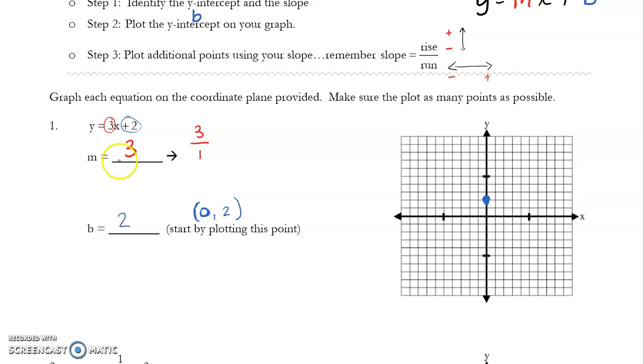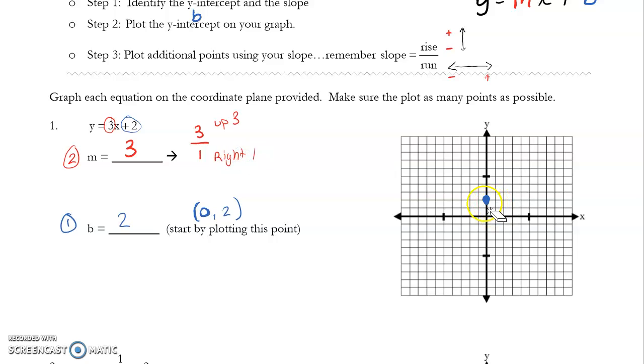Now I'm going to move. I'm going to do this first, this second. And because 3 is my vertical change, it's a positive. That means I'm going to move up 3 units, but at the same time, my horizontal change is a positive 1. A positive run means I'm going to go to the right 1.